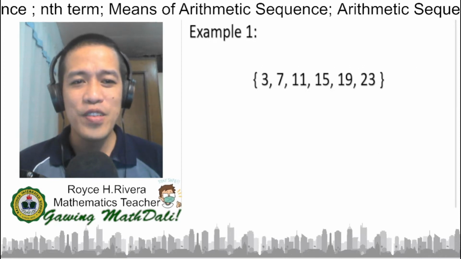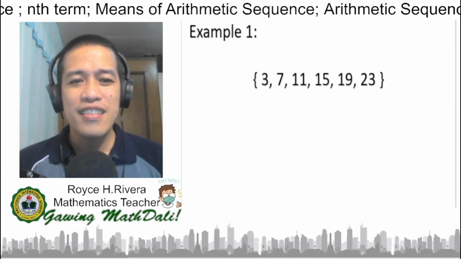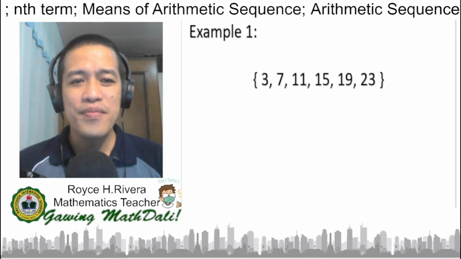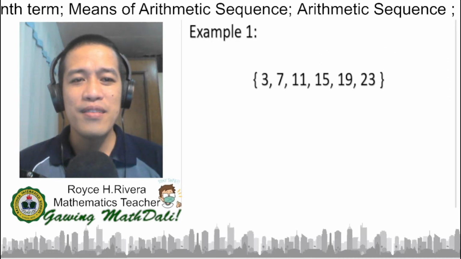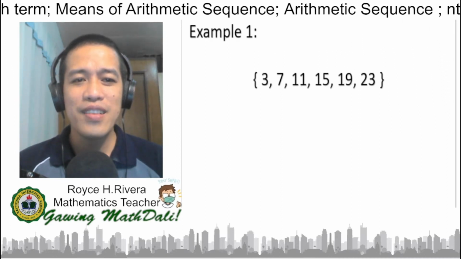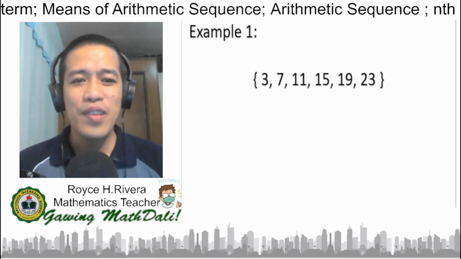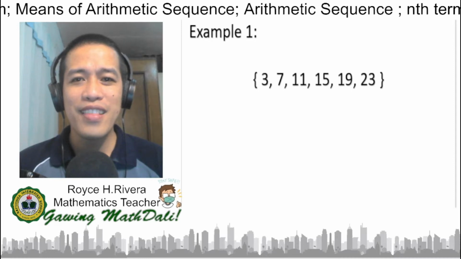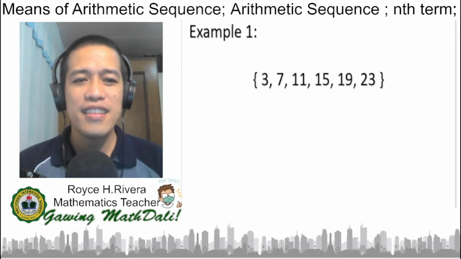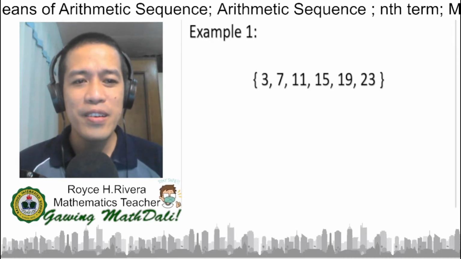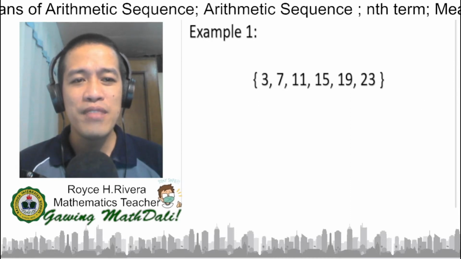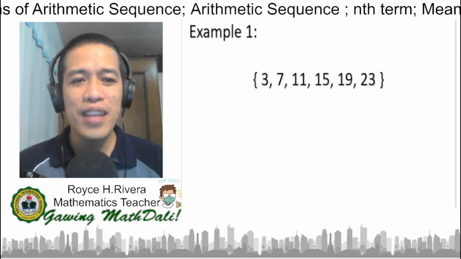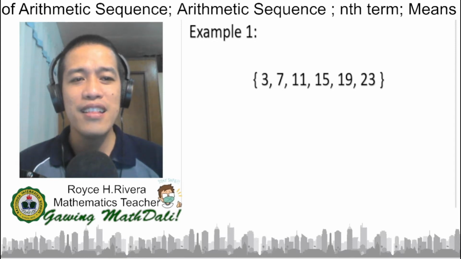Siguro napansin nyo, to get the second term, we need to add 4 to 3 to get 7. To get the third term, again, we add 4 to the second term to get 11. To get the fourth term, we need to add 4 to 11 to get 15.